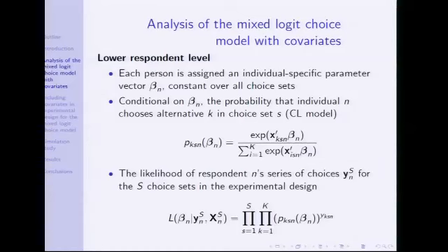Now, as this vector is taken constant over all choice sets, you can model the individual choice behavior with the conditional logit model, and as such you can use the well-known conditional logit formula for the probability that an individual chooses an alternative k in choice set n. And then at the bottom of the slide you see the likelihood function of a series of choices for S choice sets, for example, for a specific individual.